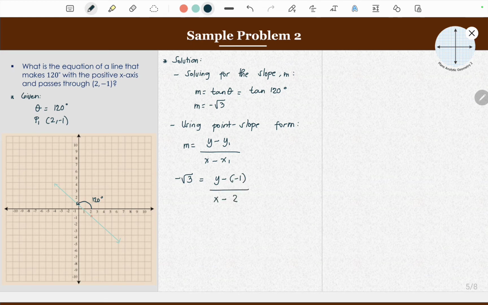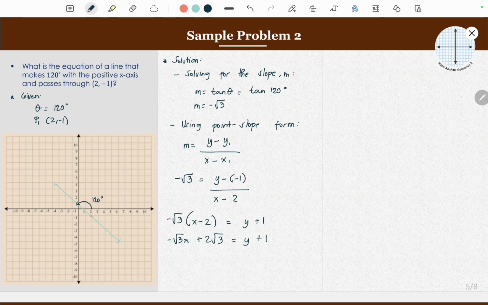Cross multiplying, we have negative square root of 3 times the term x minus 2 is equal to y plus 1. So we have negative square root of 3x plus 2 square root of 3 is equal to y plus 1.